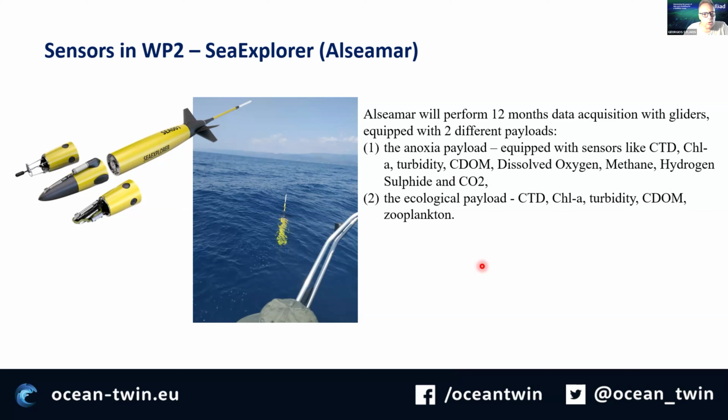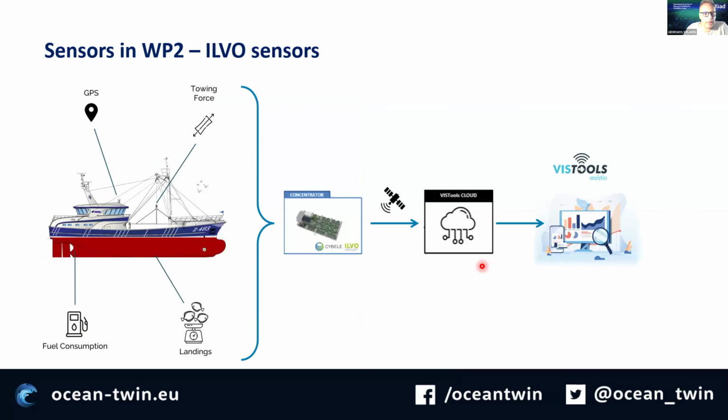This glider can go up to 1,000 meters depth, and over its movement, it collects data through these sensors. Another system, which again is a low-cost system, is the sensors that we have by ILVO. These sensors are installed on fishing vessels, and you can see they are very standardized: the GPS of the vessel, another system which measures the towing force, the accelerometer, the landing sensor, and the fuel consumption.